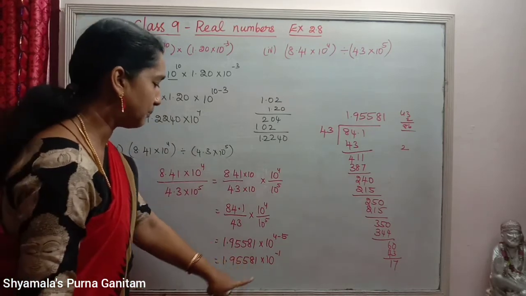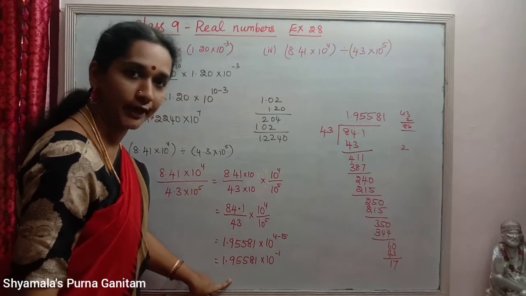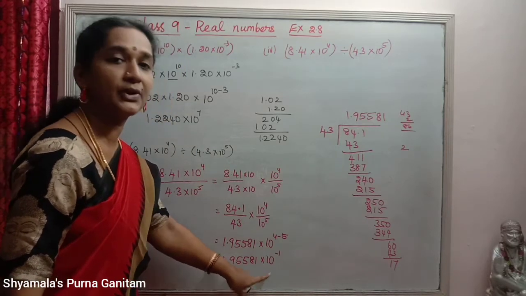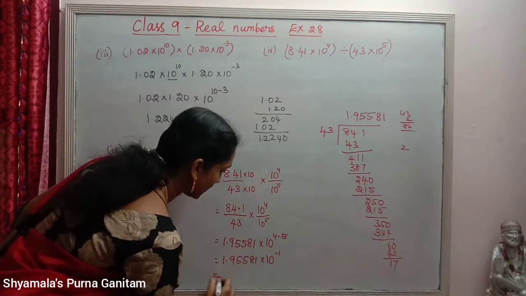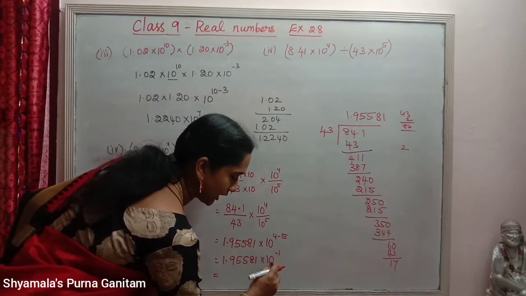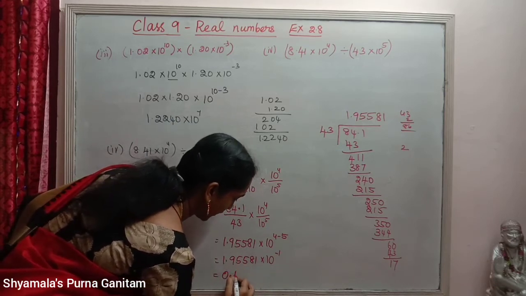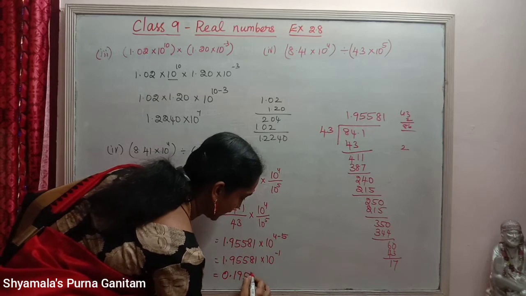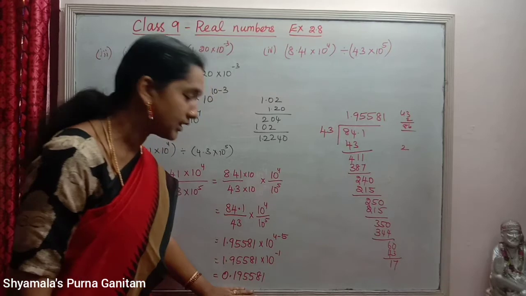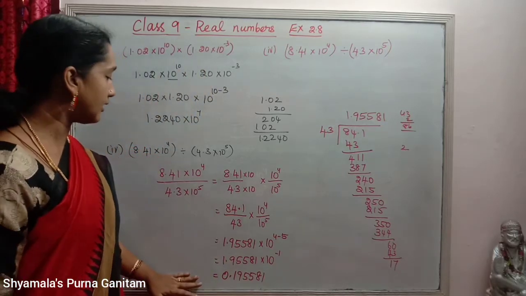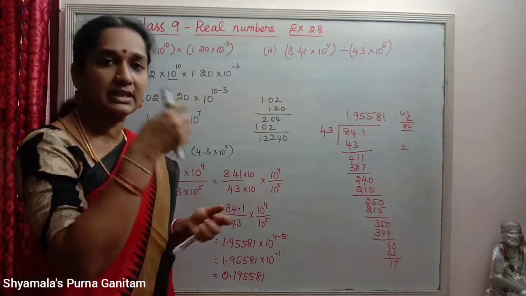When we simplify this again, this is 1 by 10, so we get 0.195581. We can leave it as it is, or write the next step like this. Be very careful in writing all these things step by step.